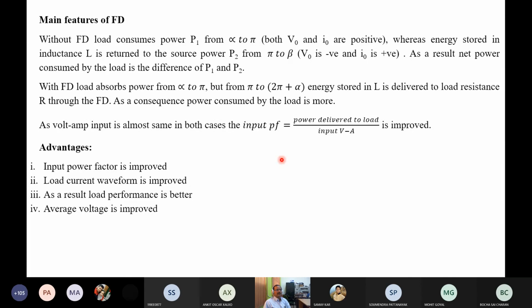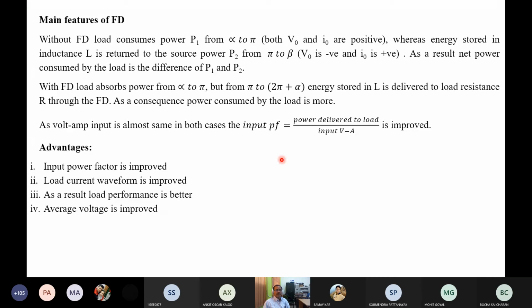Very large inductance, so that the current will remain flat. But this is practically not possible. In some problems, they tell you to assume that load current is continuous and ripple free. You will assume that. Practically, implementing an infinitely large inductance is not possible.